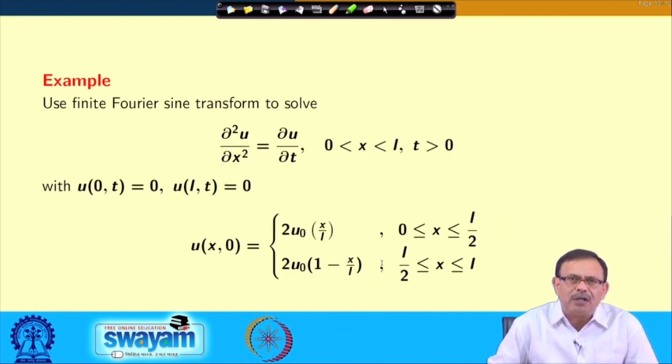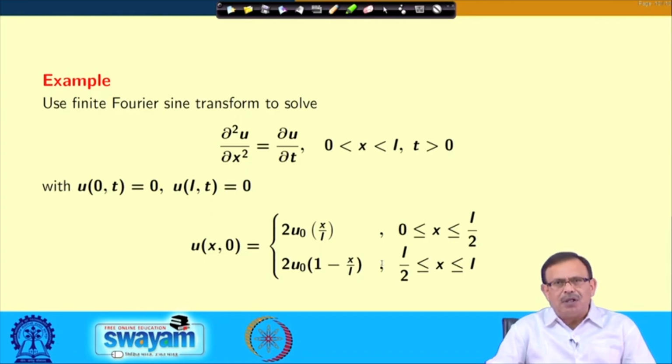If you see here, t is greater than 0, so time can take any value from 0 to infinity, although x has a finite range from 0 to L. Also, the value of the function u at x = 0 is 0, and at x = L it is also 0.